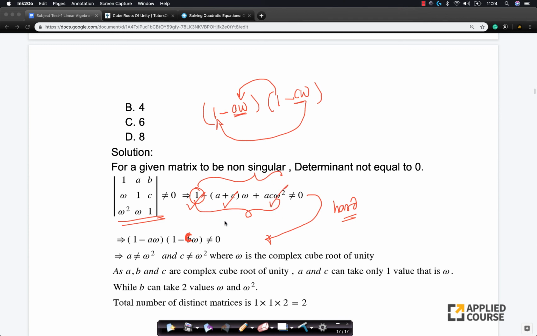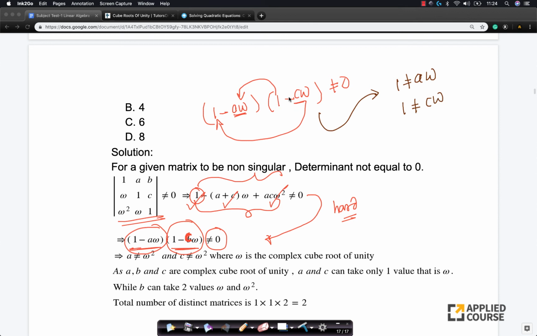So I'm trying to write this in terms of these two terms. The reason, and this is the important part, is that I don't want this value to be equal to 0. If I write it in this form, and this is not equal to 0, I can immediately write this as 1 is not equal to a omega and 1 is not equal to c omega.